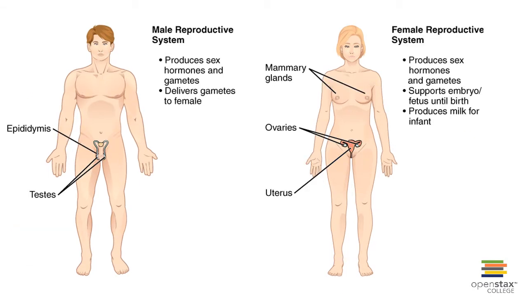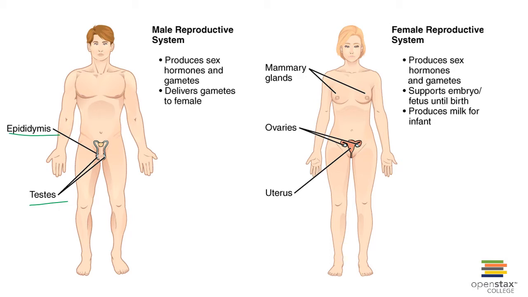Our last system that we're going to talk about in this chapter is the reproductive systems. These systems help produce the sex hormones and gametes, and they help deliver them to the opposite sex. In the male reproductive system, we have our testes and the epididymis, right here.